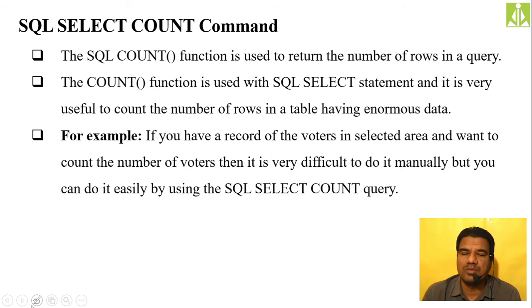If you don't want to read or count all that data, you can write a query, and whatever rows satisfy that query, you will get the count of those rows if you use this COUNT command.